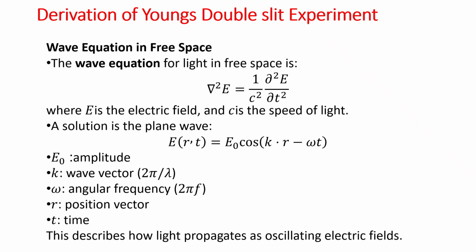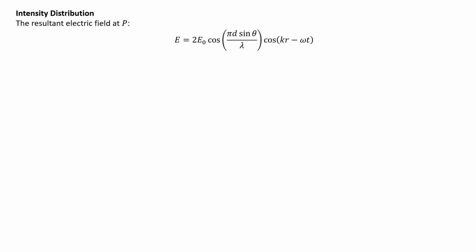This describes light propagating as an oscillating electric field. This equation is important because we have to calculate the impact when both waves meet at the point.